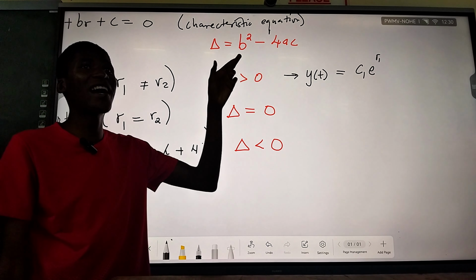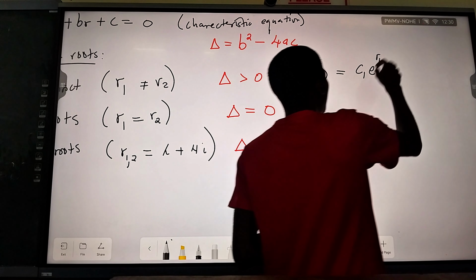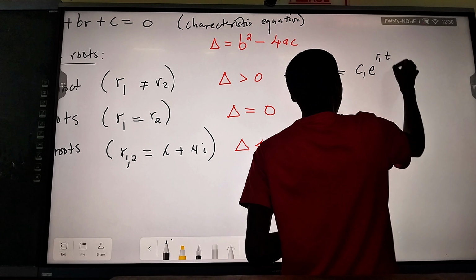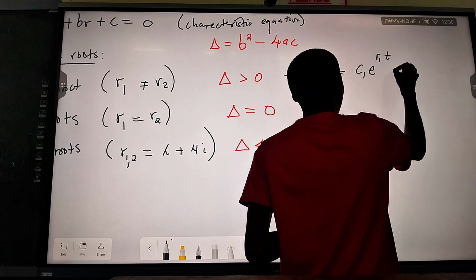So uzowafaka lawo ma roots: e to the power of r1 times t plus c2 e to the power of r2 times t. This general solution, you use it only if you find out that your roots are real and distinct, your discriminant is greater than 0.